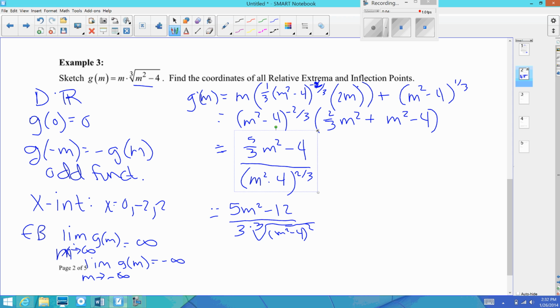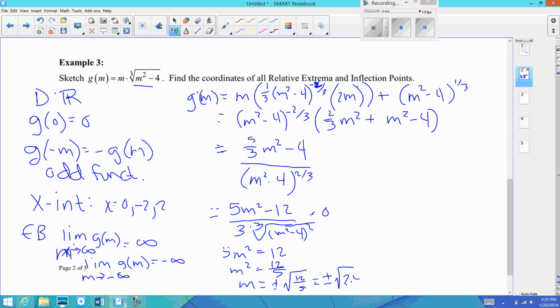All right, so now we can analyze this. Where would that be? 0. Okay, solving the top, we're going to get 5m squared equals 12. So m squared will equal 12/5, and m will equal plus or minus the square root of that. And if you want to think about it, where would that be?